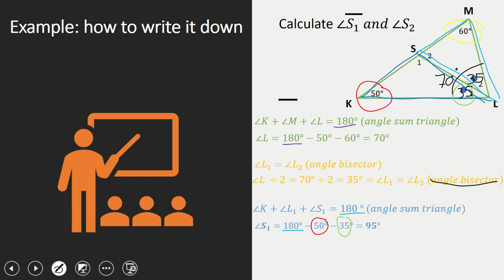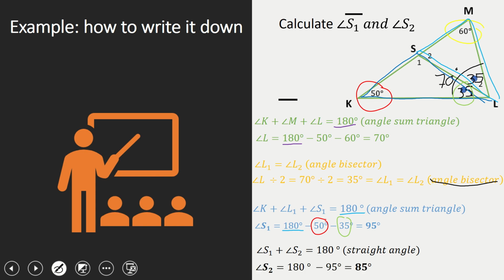So now I can choose to calculate the same with triangle LSM, or we're going to use a straight angle. And I'm going to use a straight angle because I know that angle S1 plus angle S2 equals 180 degrees because it's a straight angle. Look, it's a straight line.